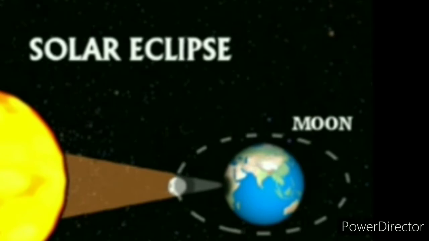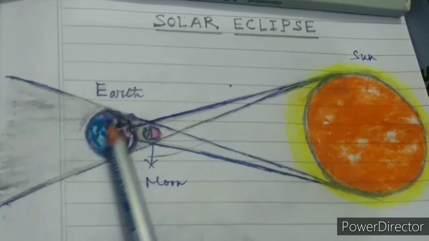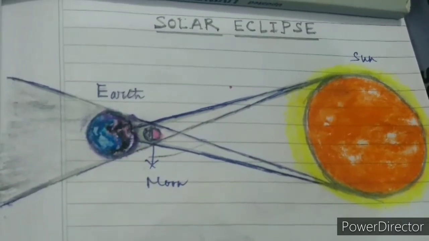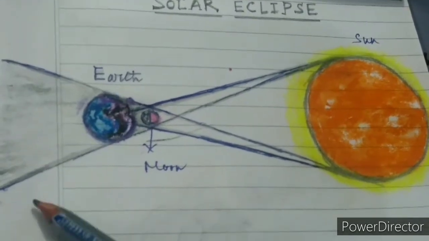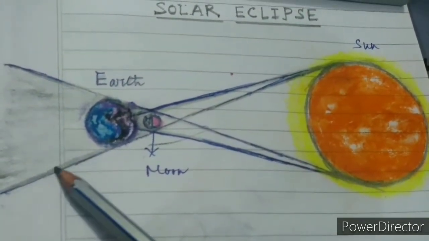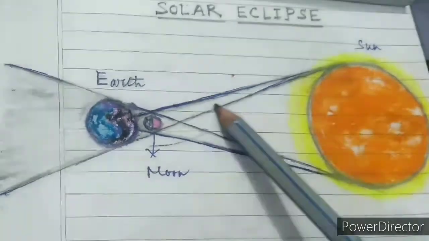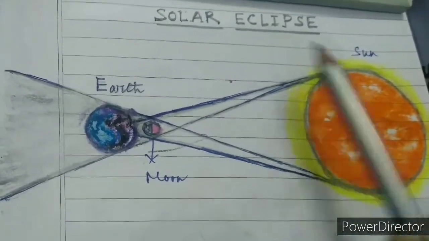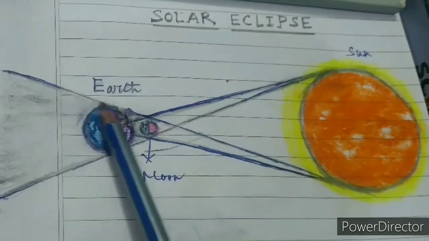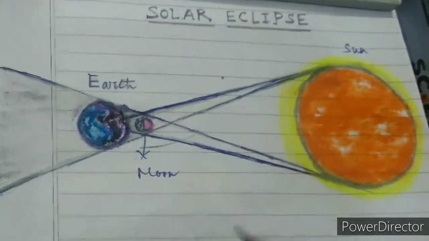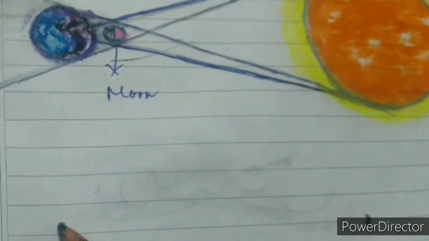Now I am going to show you how you can draw this solar eclipse in a very easy way. See, at first you will simply draw the earth.